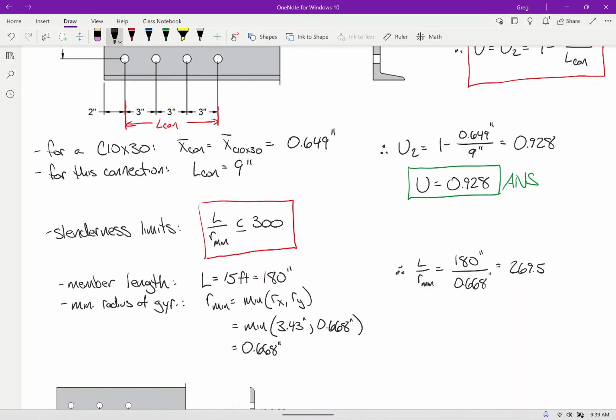So I'm going to say L over R is less than or equal to 300. Therefore, I'm going to use the term okay. And I'm either going to use the term okay or the term NG for no good. So it'll either be good or not. Does that make sense? So you'll see me use that here in a little bit.